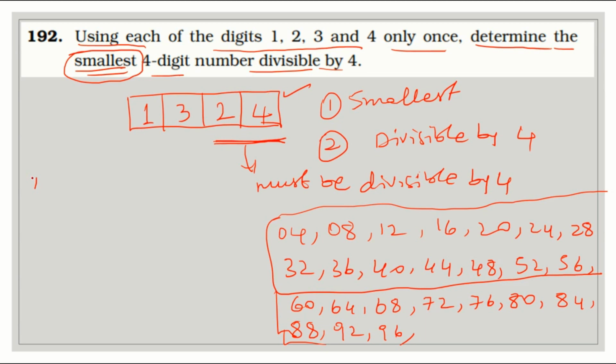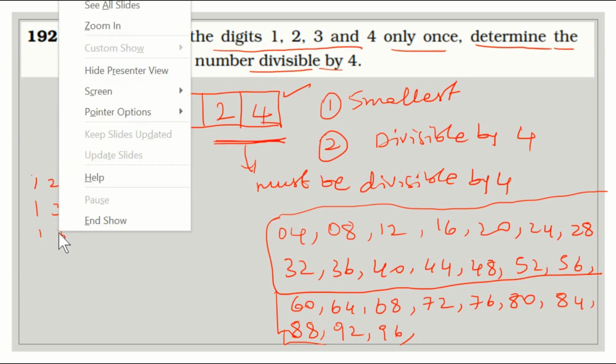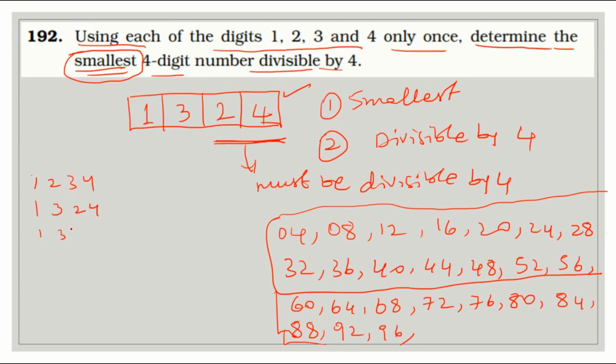Normally, if you wanted to write a smallest number, you might have written 1234, but this is not divisible. Next, we may write 1324, 1342, 1432, 1423.